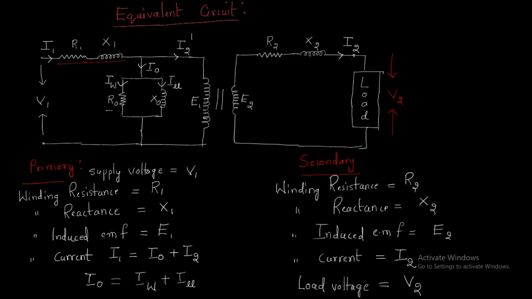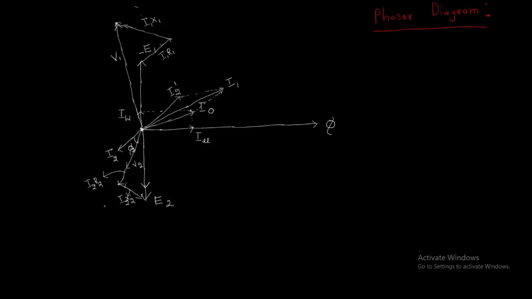So the supply voltage V1 equals I1 R1 plus j I1 X1 minus E1. Look here: this is the drop, this is the drop, this is E1.